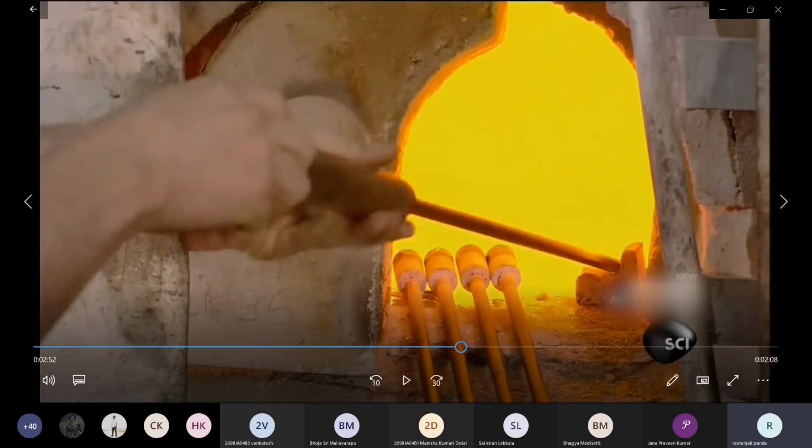On the tip, that glass will be attached. Then we rotate it, and we add whatever designs we want in the glass bowl. Then we blow that with our mouth or any kind of air pumping system. We blow it into a pot-like structure. Okay, so that is your blowing process.